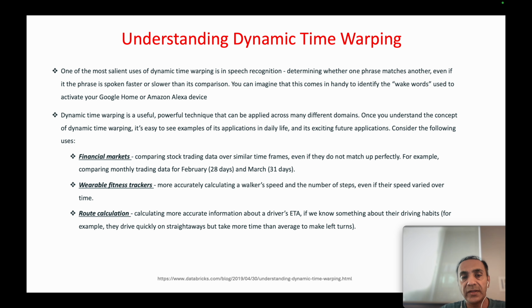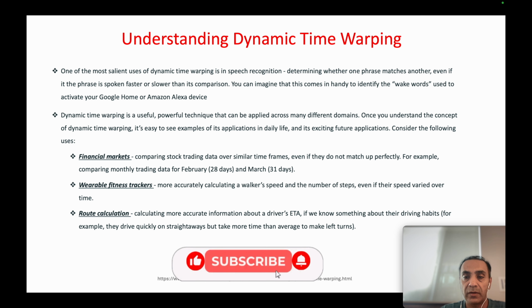For wearable fitness trackers, we want to more accurately calculate walkers' speed and number of steps, even if their speed varied over time. Another use case is route calculation, when we want to calculate more accurate information about drivers' estimated time of arrival, if we know something about their driving habits.